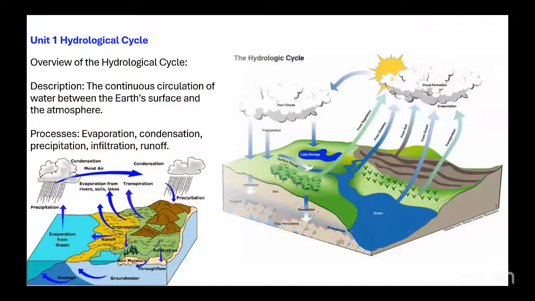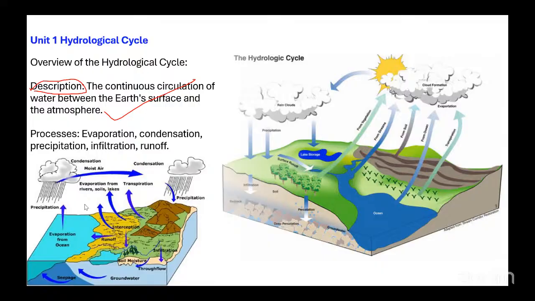Now, what is the hydrogeological cycle? Here you can observe an overview of the hydrological cycle. What is the description of the hydrological cycle? It is the continuous circulation of water between the earth's surface and the atmosphere. This is called the hydrogeological cycle.